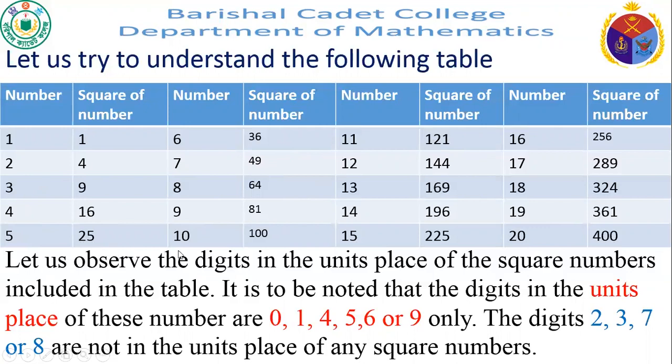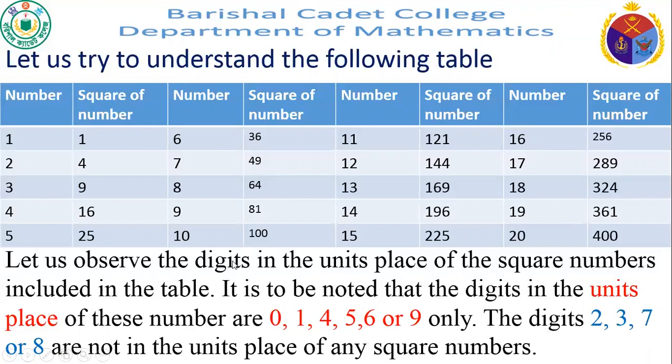So let us observe the digit in the unit place of the square numbers included in the table. It is to be noted that the digits in the units place of these numbers are 0, 1, 4, 5, 6 or 9 only. The digits 2, 3, 7 or 8 are not in the unit place of any square number.